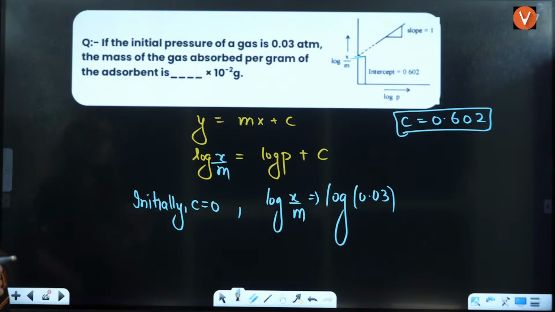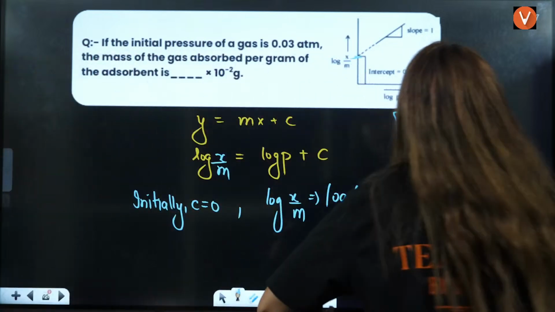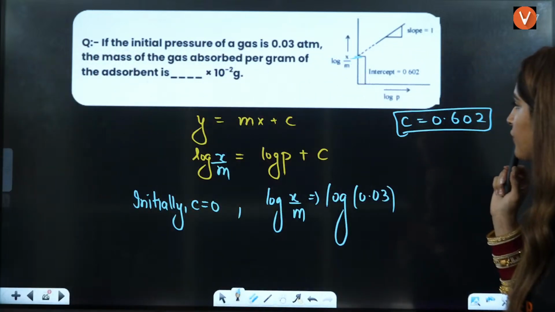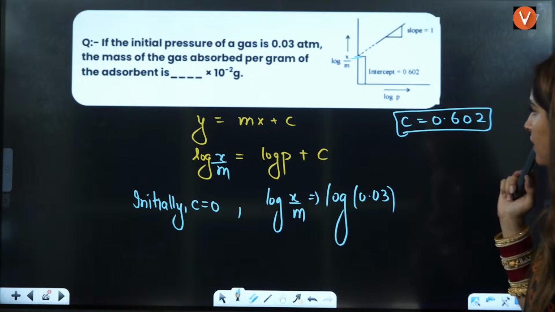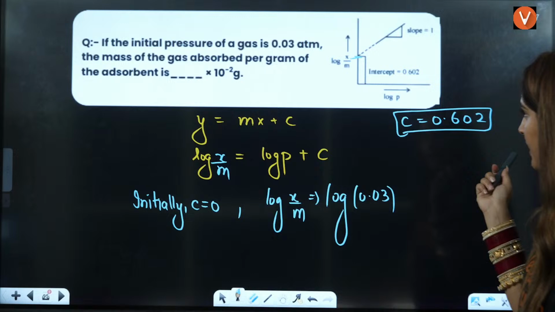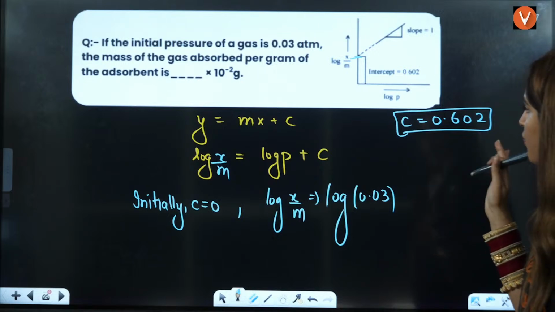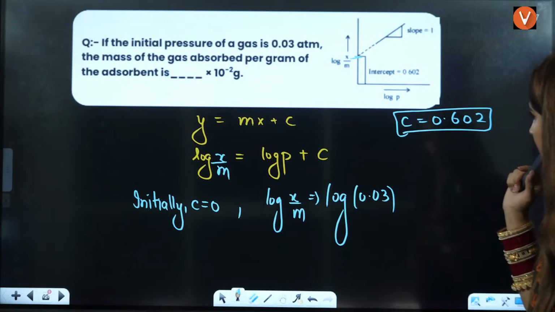Initial pressure is this, the mass of the gas adsorbed per gram adsorbent is this. Slope is given to be 1. If we compare, log x by m is y = mx, slope is 1 only, x is log p, intercept is 0.603.